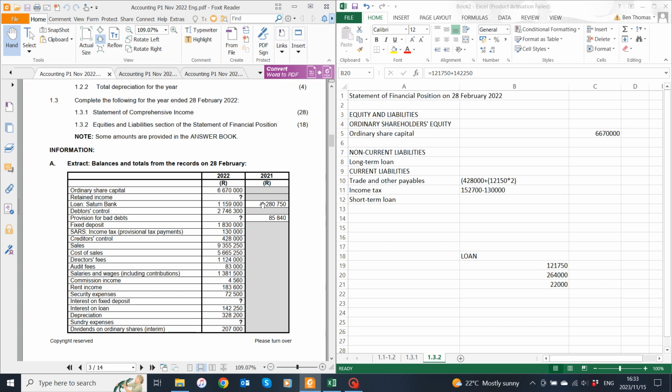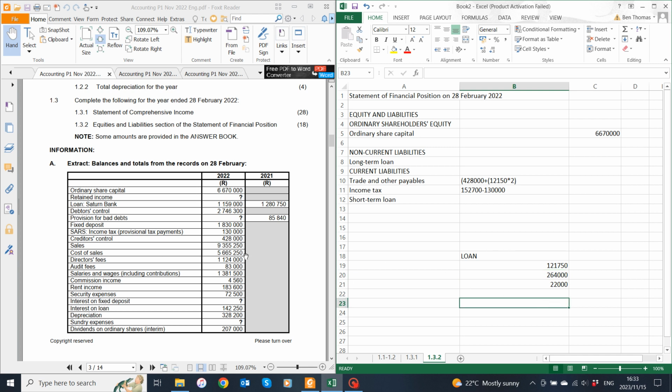So please note, the 264,000 doesn't change. What does change is the 121,750 and the interest of 142,250. So this amount will become more every year, while the interest will become less, because interest is calculated on the outstanding capital amount, and because that becomes less every year, so does the interest.